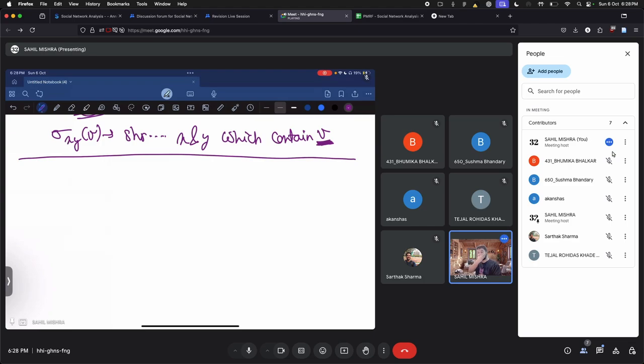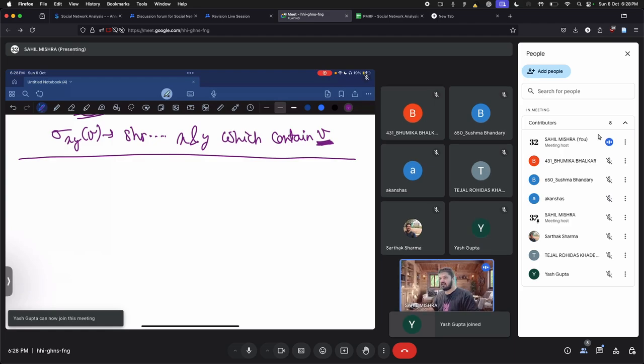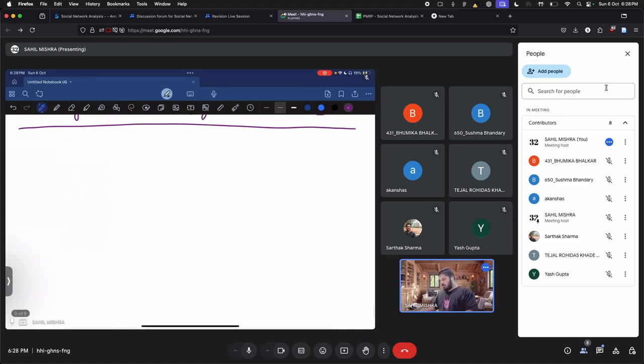This is the edge betweenness centrality. Then there are multiple variants of centrality, like edge betweenness and flow betweenness.